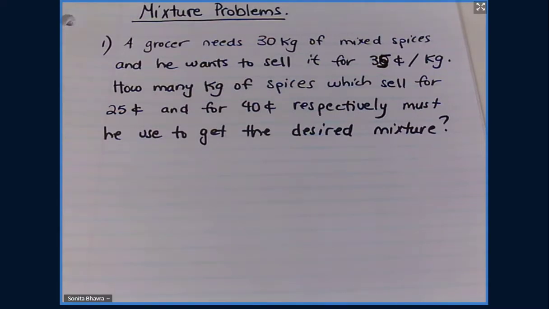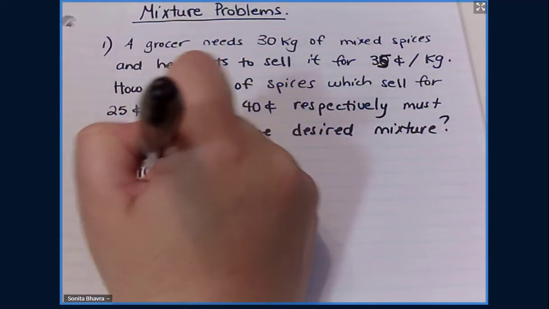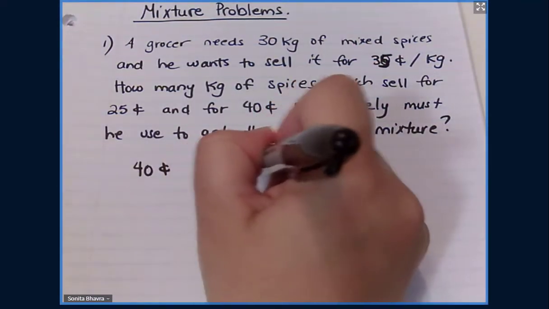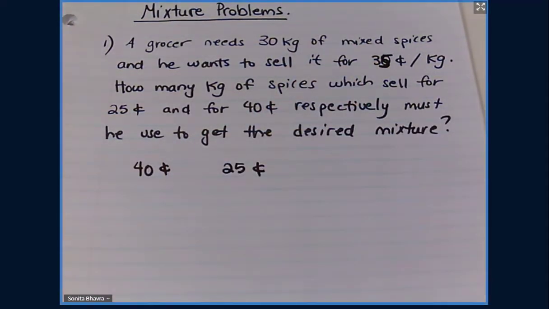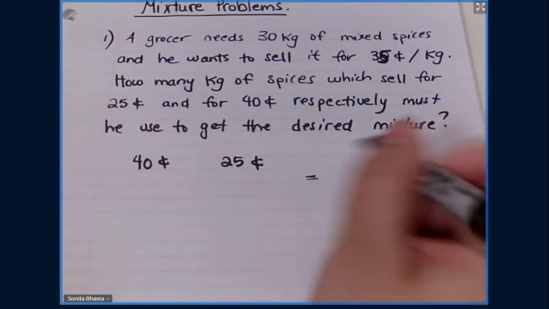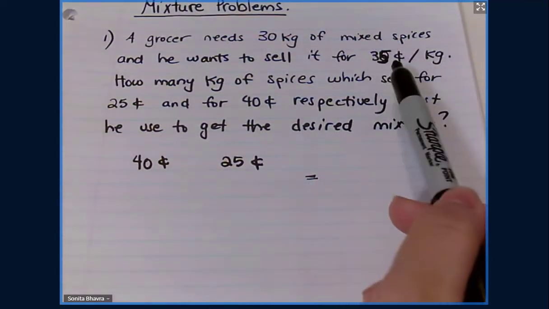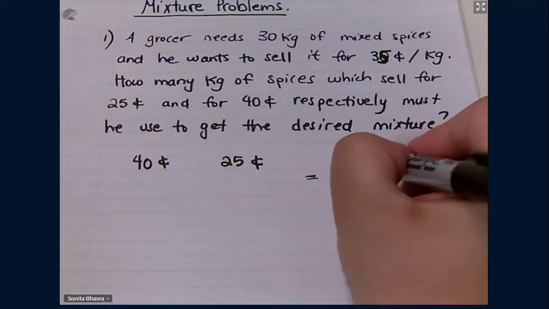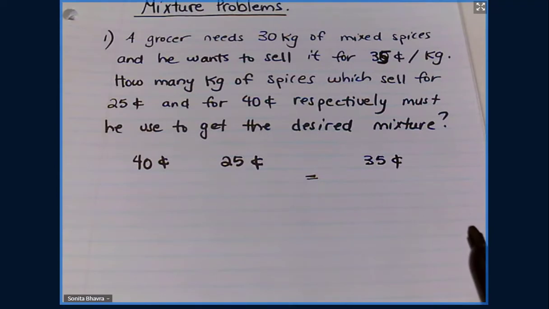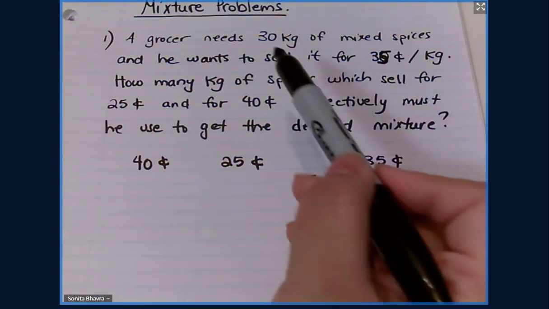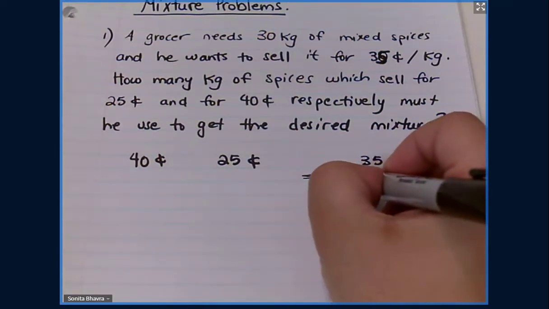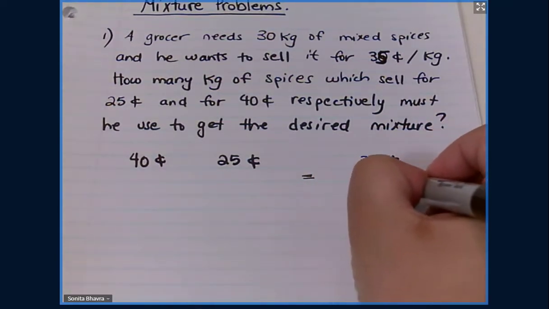I'm going to use a diagram. So we have the 40-cent mixture and we have a 25-cent mixture. And we know that he wants to sell for 35 cents per kilogram. And we also know that he wants to make it into 30 kilograms. His total mixture there is going to be 30 kilograms.